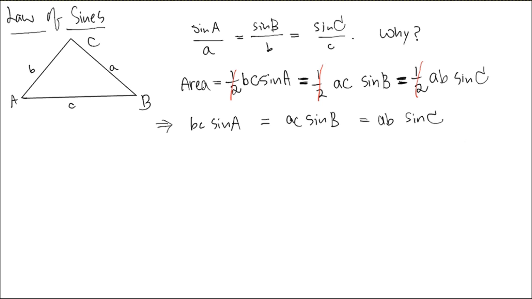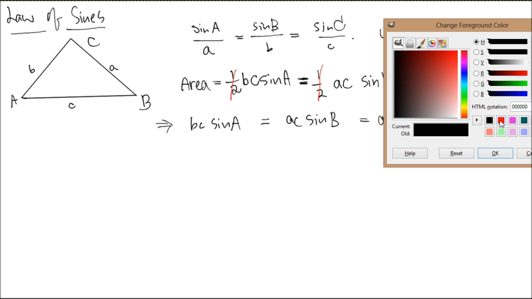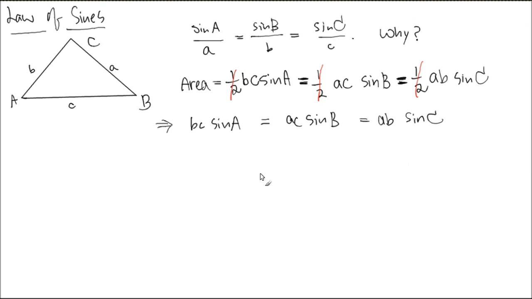Let's do something to the first term so that we get rid of BC and have a in the denominator. What operation should we do to all three quantities so that we get rid of BC? We divide, is that right? So we divide by BC everywhere.